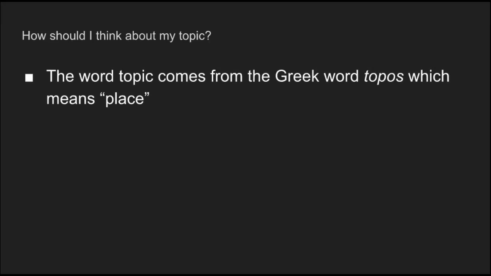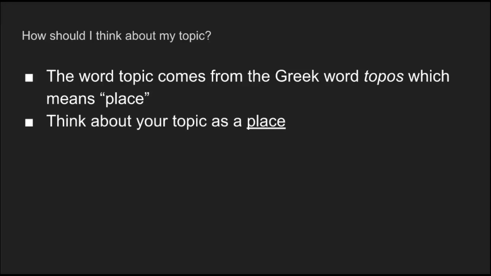So how should I think about my topic? The word topic comes from the Greek word topos, which means place. All right, so that means you should think of your topic as a place rather than an end, right? Like, you're thinking the topic is stuff that you're going to talk about because you know about it, versus a journey.